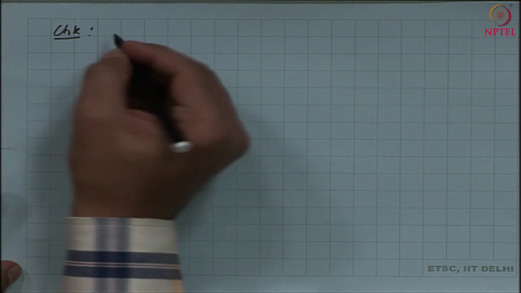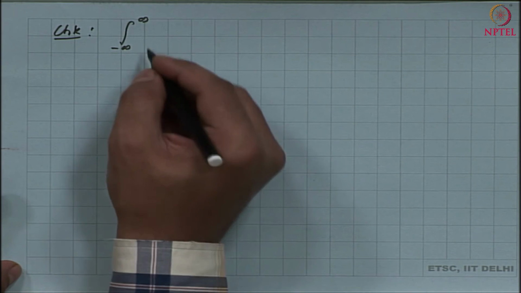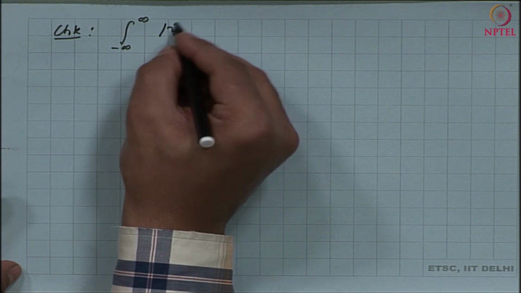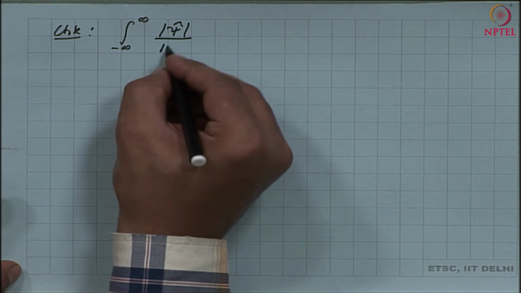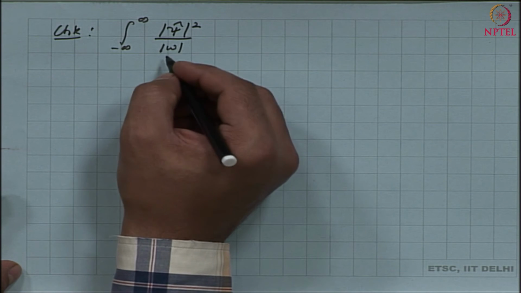Students are asked to check this following integral, from negative infinity to infinity of the transformed function psi hat of omega, squared, divided by the transform variable.